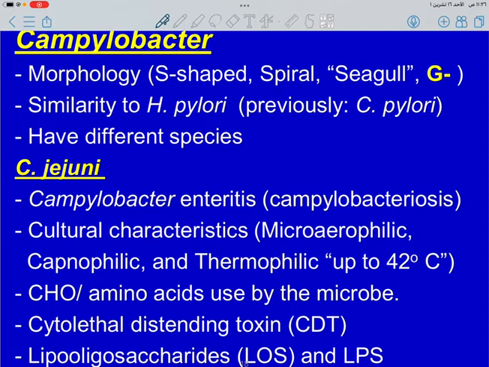Cultural characteristics, they are microaerophilic. راح نتعلم شو معنات microaerophilic. Capnophilic and thermophilic. Thermophilic, it means can tolerate temperature 42 degrees centigrade. Usually microorganisms tolerate 37, 38.